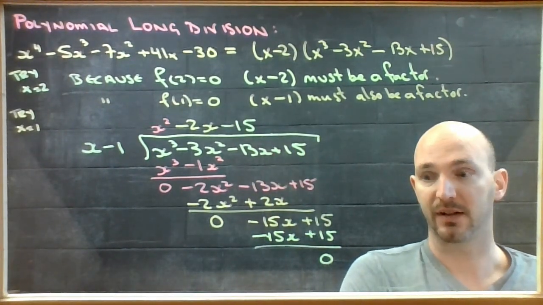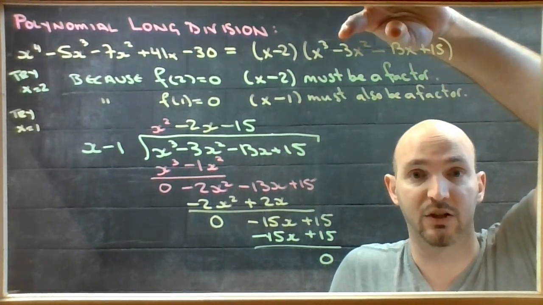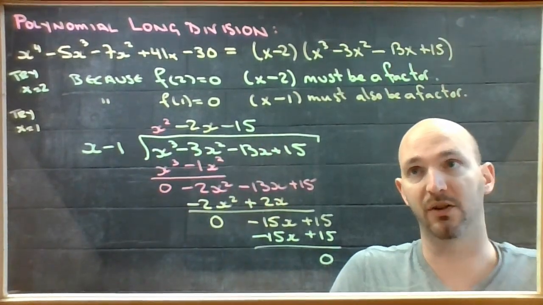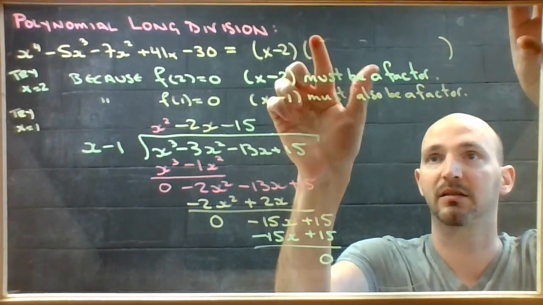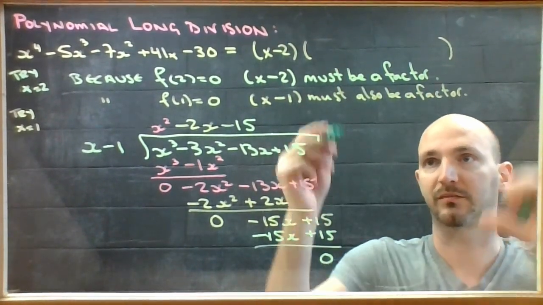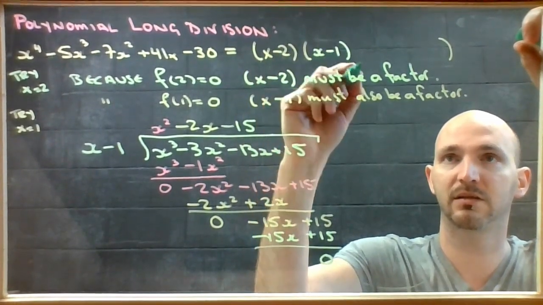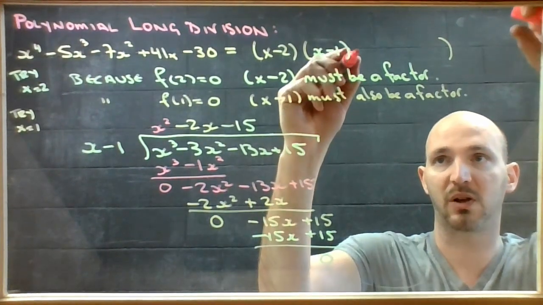So what have I figured out then? Well, this cubic here, I don't have to write this as a cubic. I could write it as x minus 1 times this polynomial. So if I just get rid of that then, x minus 1 times this polynomial here.